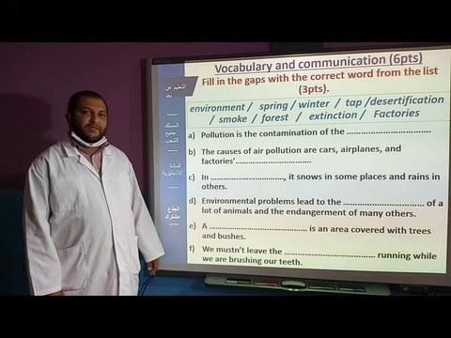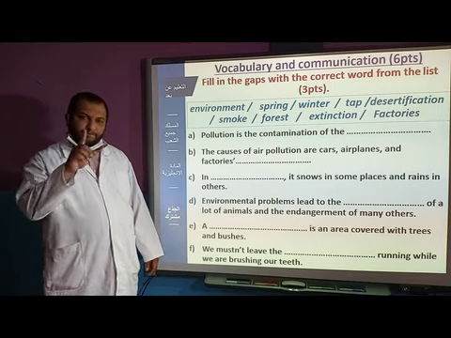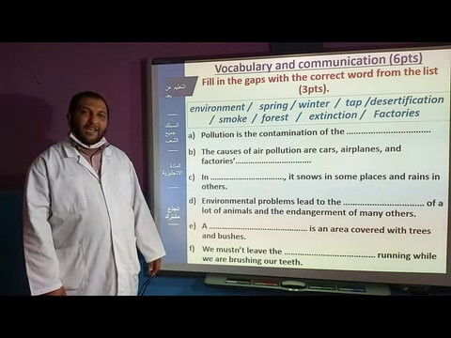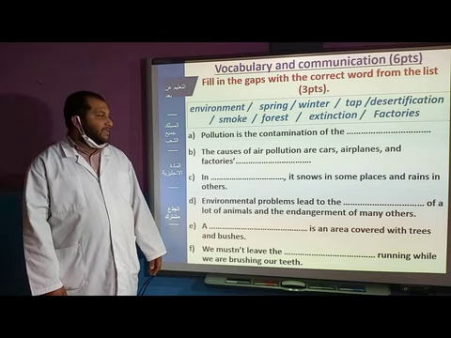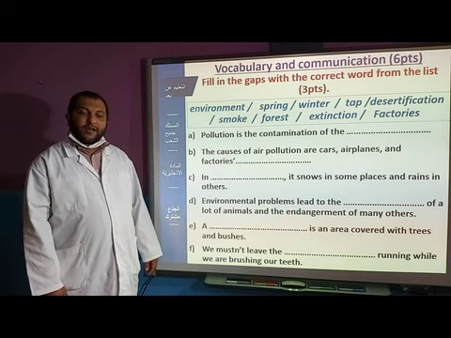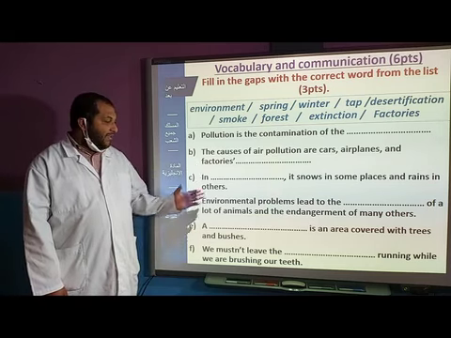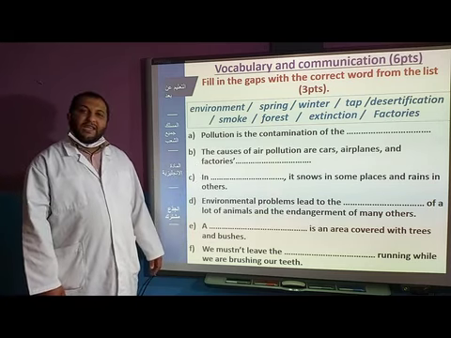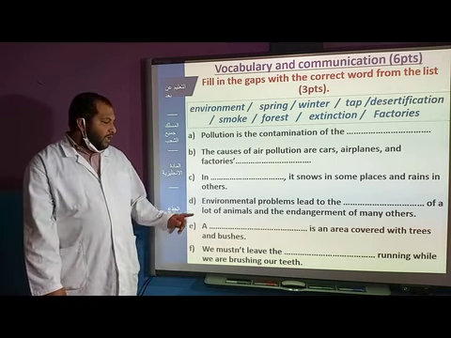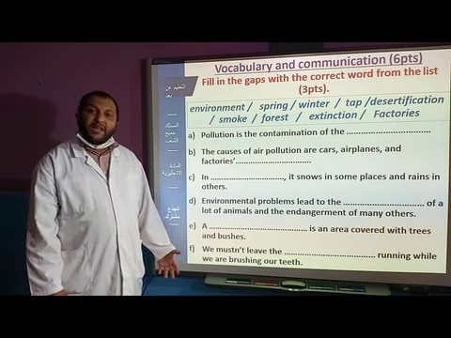Let's read our sentences. A. Pollution is the contamination of the ___. B. The causes of air pollution are cars, airplanes, and ___. C. In ___, it snows in some places and rains in others. D. Environmental problems lead to the ___ of a lot of animals and the endangerment of many others.